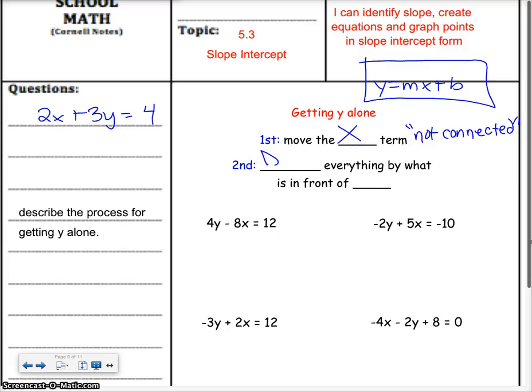And then you divide everything by what is in front of y, because that is what is sticking to it. So you move what's not connected, and then you move what is connected. And with y, you always end up dividing.